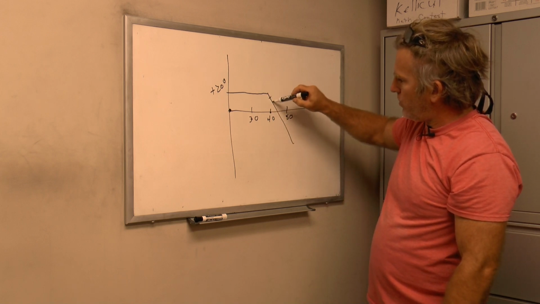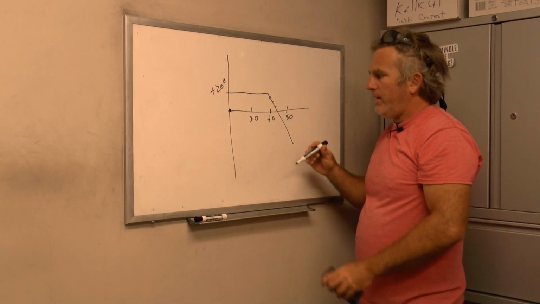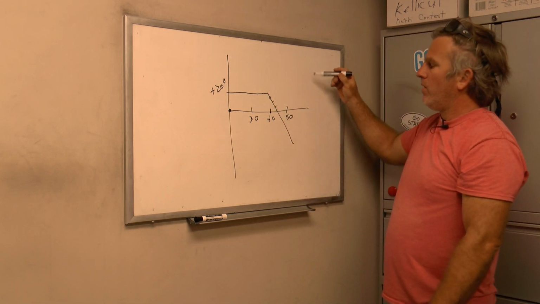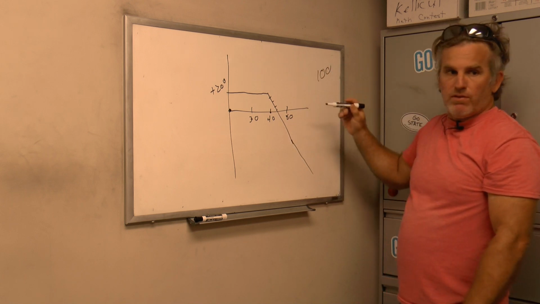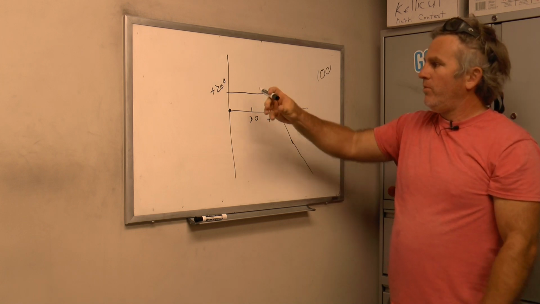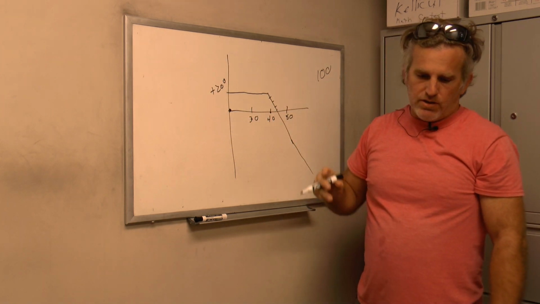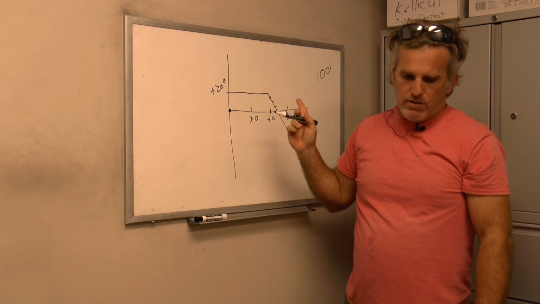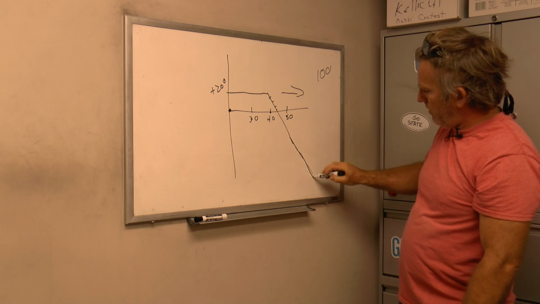I'll get some portion of it if it expires below $45. And obviously if the market opens tomorrow at $100, I'm liable for this when you sell a put or you sell a call. This is actually a put. No, this is a call option. Yeah, it's a call option, because as the price goes up, you go more in the negative.